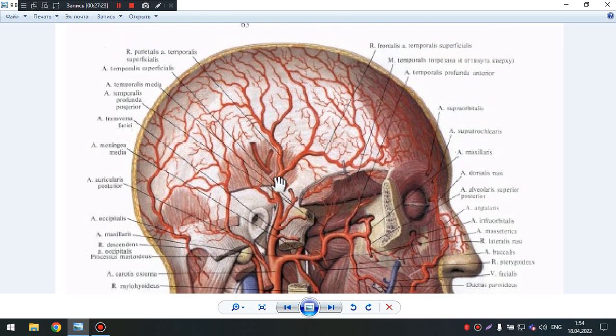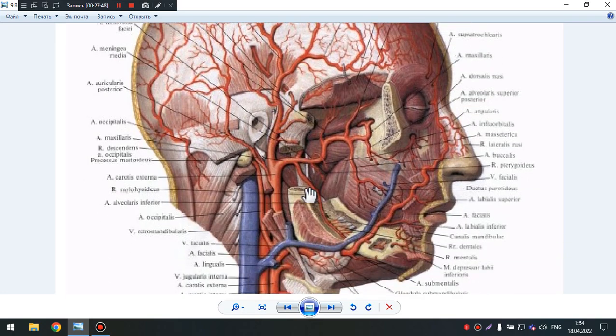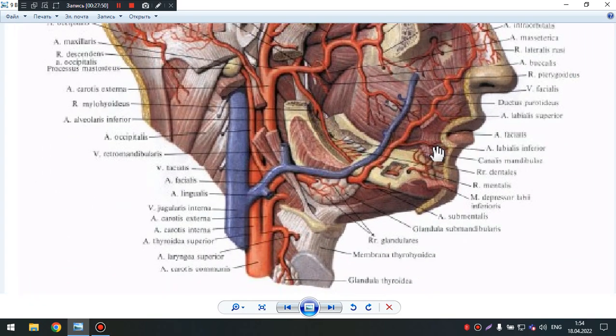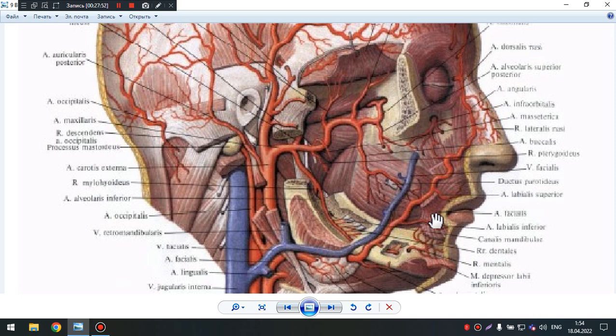We can palpate the pulse on the superficial temporal artery and press it during blood excretion at this point above the zygomatic arch in front of the auricle. This is a pressure point, puncture point.